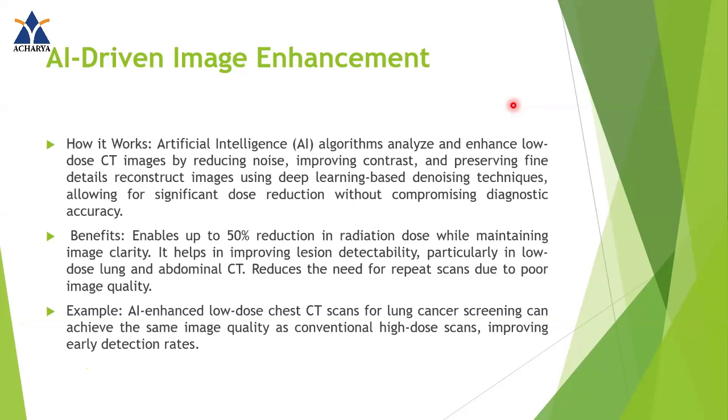Benefits of these reconstruction algorithms are that they enable up to 50% reduction in the radiation dose, mainly by the denoising techniques used. It helps in the visualization of lesions.